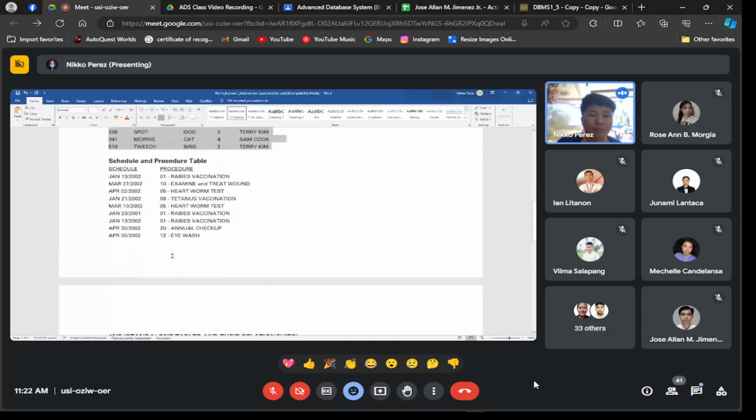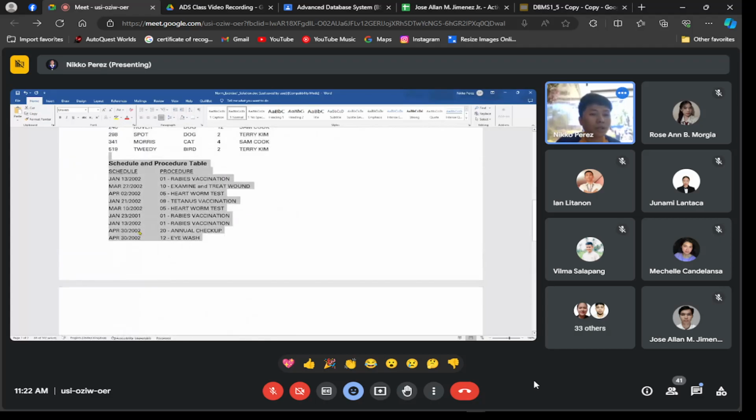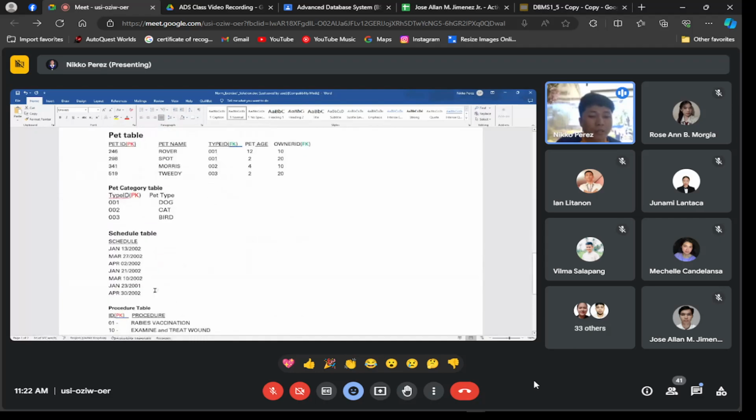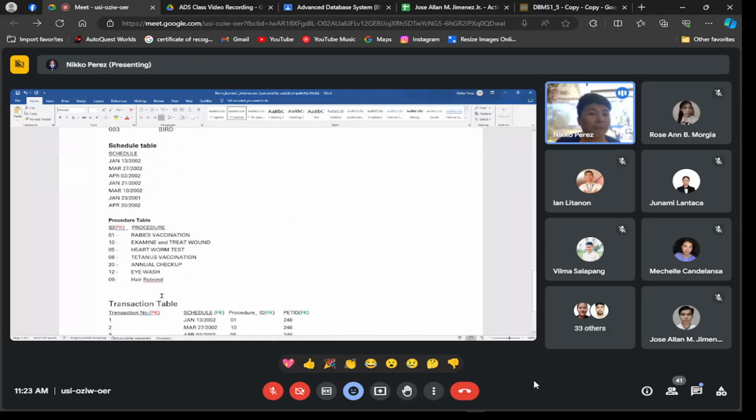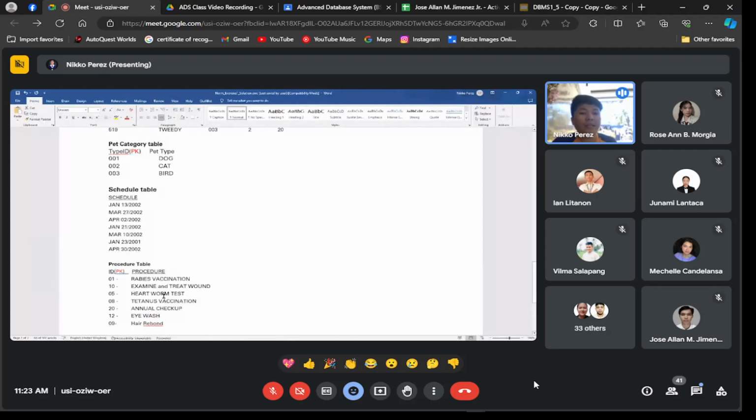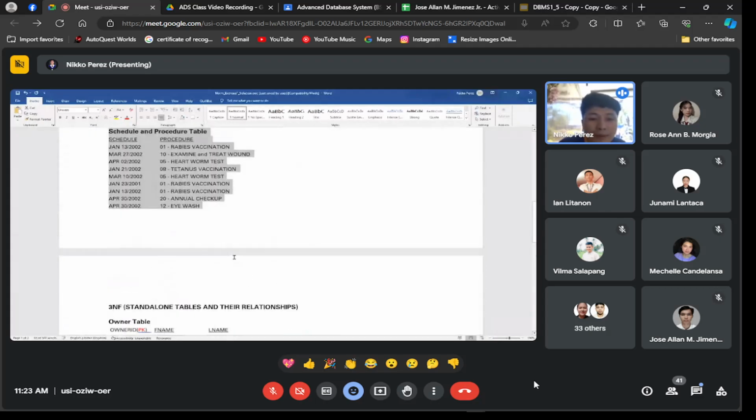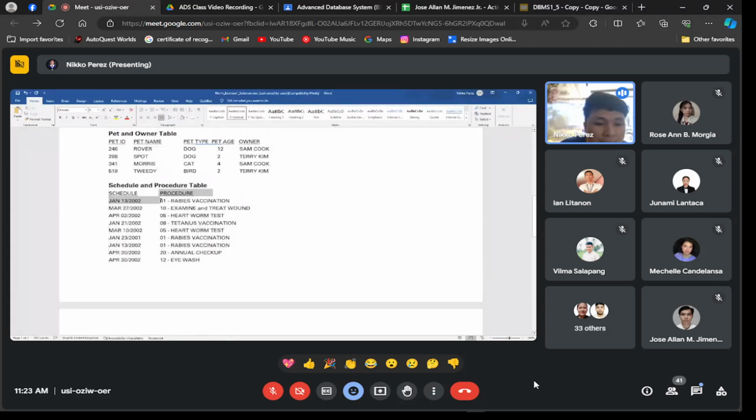Next, the schedule and the procedure. Now, for schedule and procedure, we separated them. We separated the schedule table and the procedure table. If you notice above, the procedure already has an ID number, so we don't have to worry about the ID.